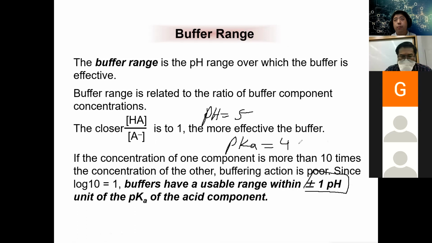So something that maybe like 4.6 would work, or something that's within like 5.7, something close to 5. And then at that point, I adjust the amount of my weak acid and conjugate base. If I want it to be a higher pH, I add more conjugate base, less of my weak acid, okay? So that I can make this number go up or make this number go down to equal to 5.